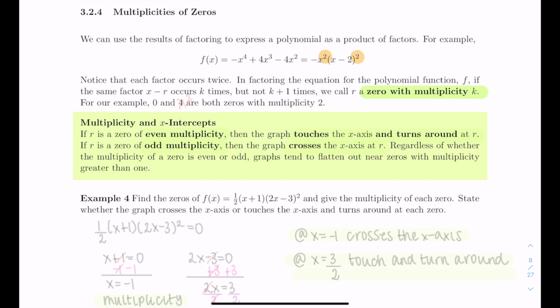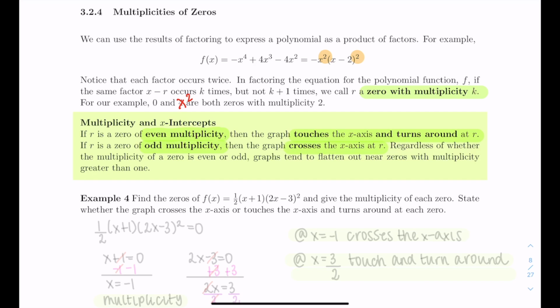Excuse me, this should be 2. All right, so if r is a zero of even multiplicity, then the graph touches and turns around at our zero. If it has odd multiplicity, then it crosses.